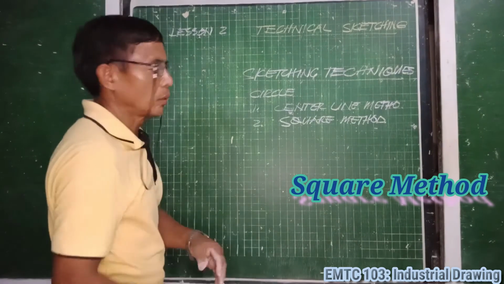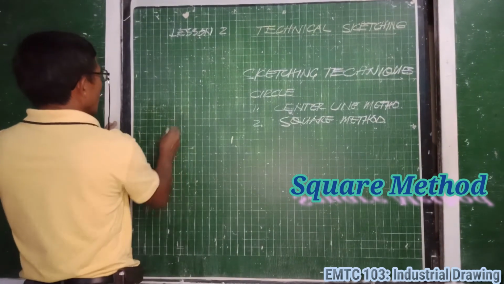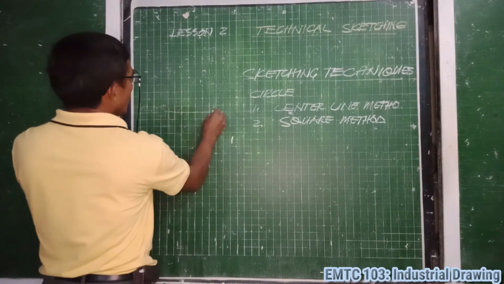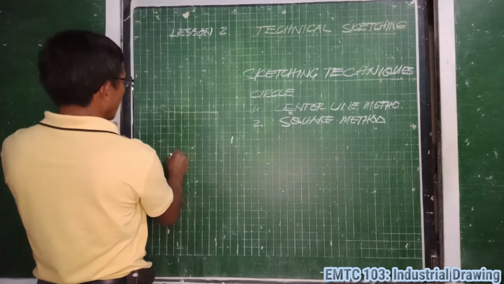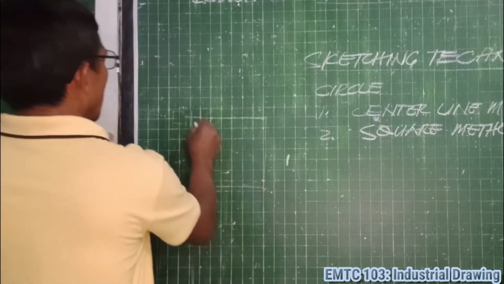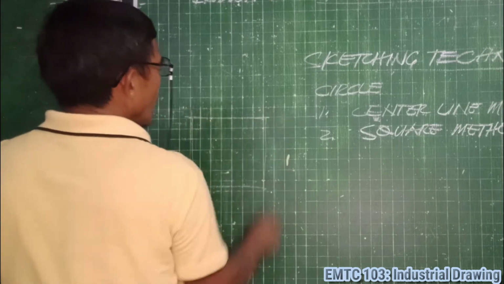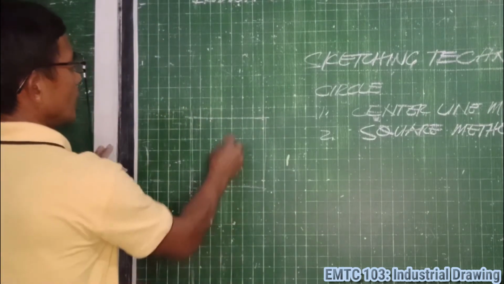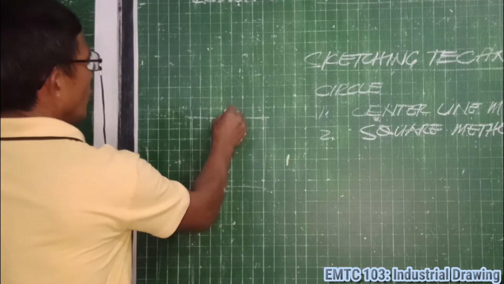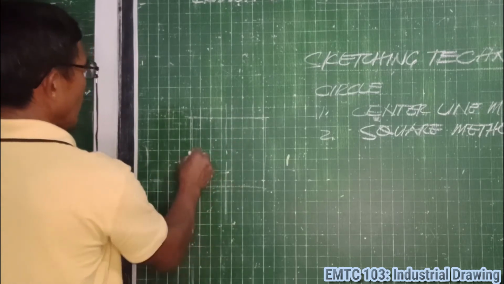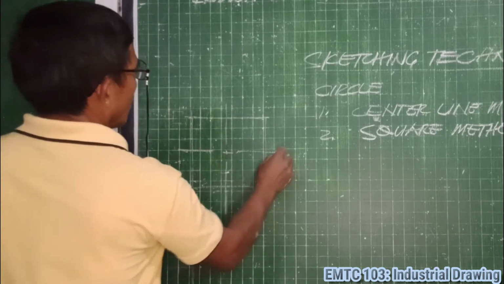How is the square method? Of course, you just draw a square. So, draw a square, approximating the diameter, if it is 2 inches, 4 inches. After drawing the square, you are going to get the center line. Draw the center lines. There.